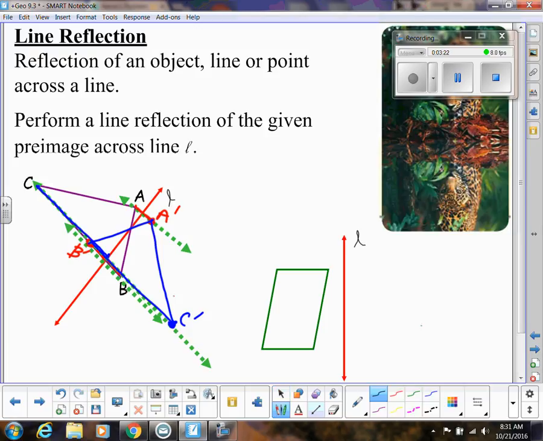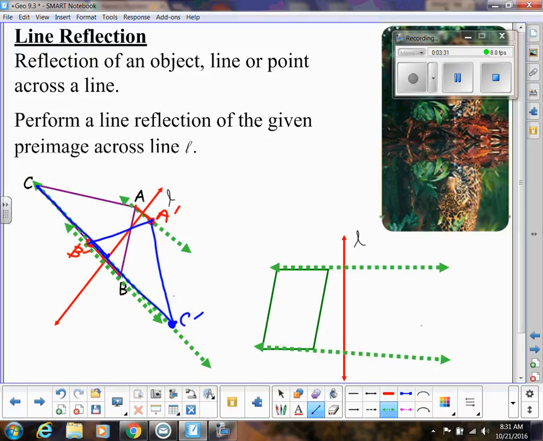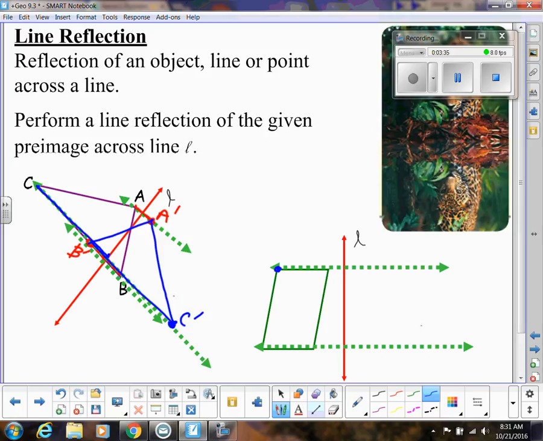And then again, we have the parallelogram. So I'm going to draw those perpendicular lines. This one's a little bit easier because both dots up here are on the same perpendicular line. So here I'm just measuring that distance, and then that distance. So those are my 2 points there.